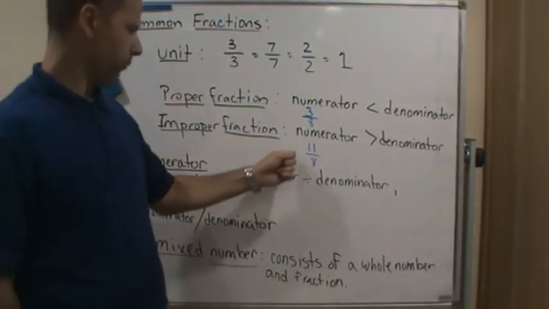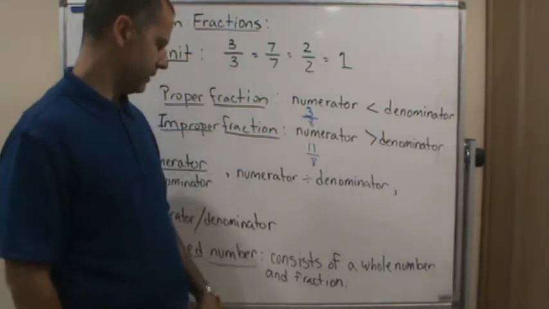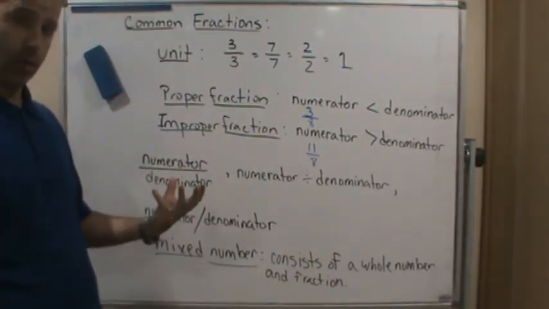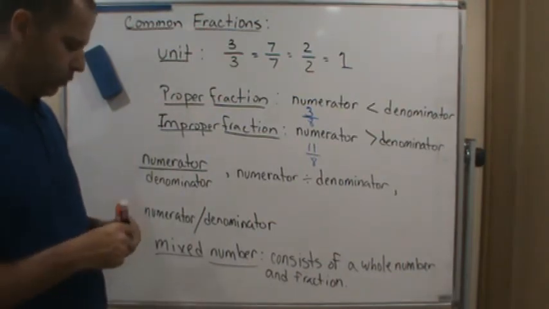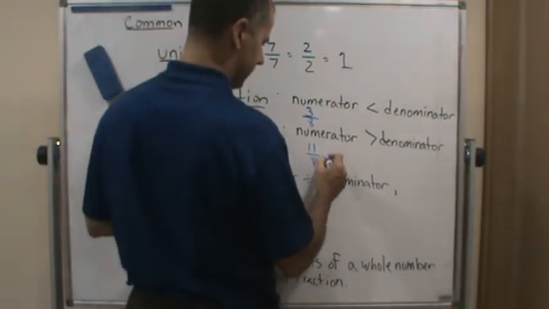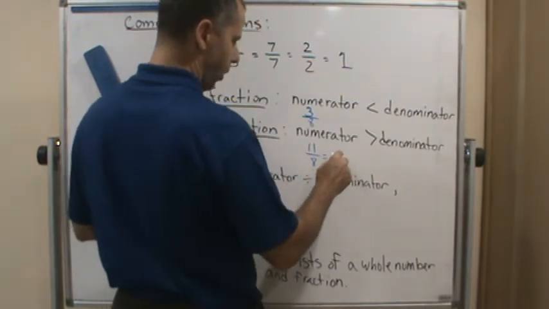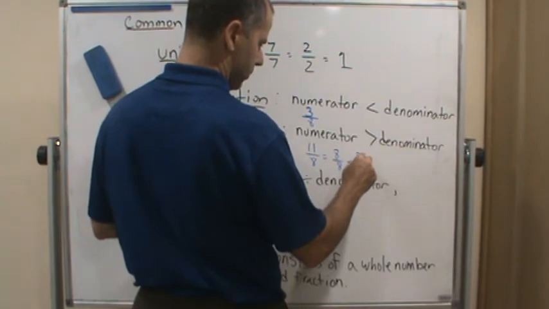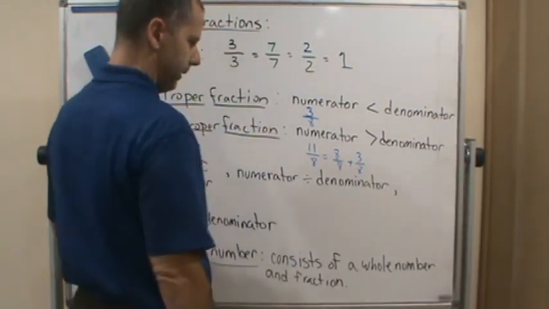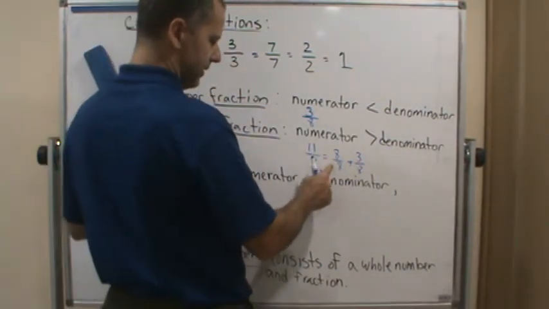Now if it's an improper fraction, I can separate this into a whole number plus a fractional part. I can represent 11/8 by saying this is the same as 8/8 plus 3/8, and 8/8 is 1.